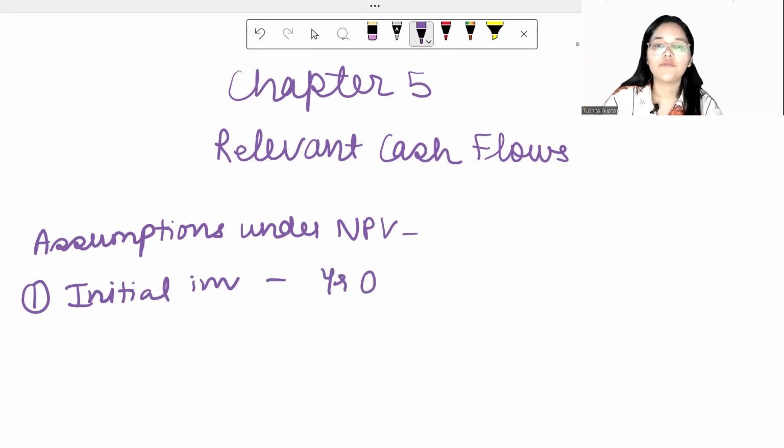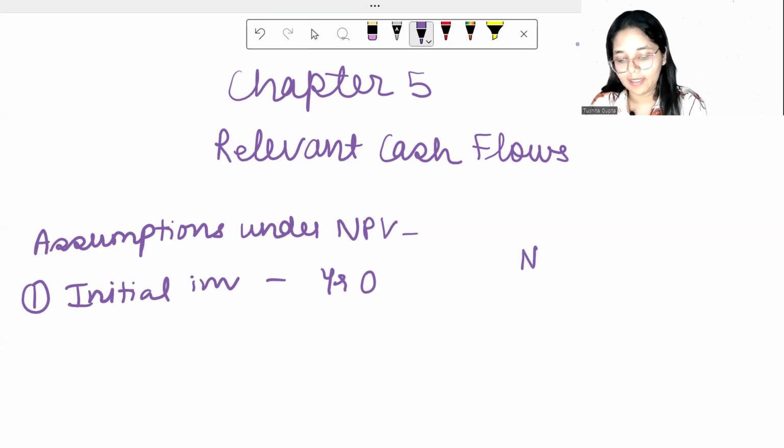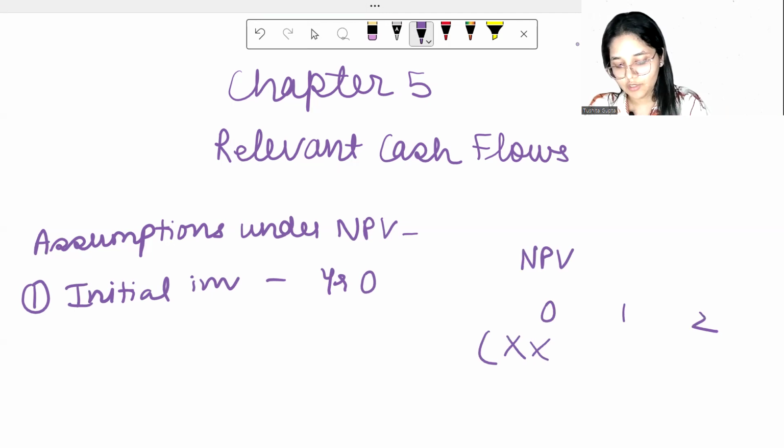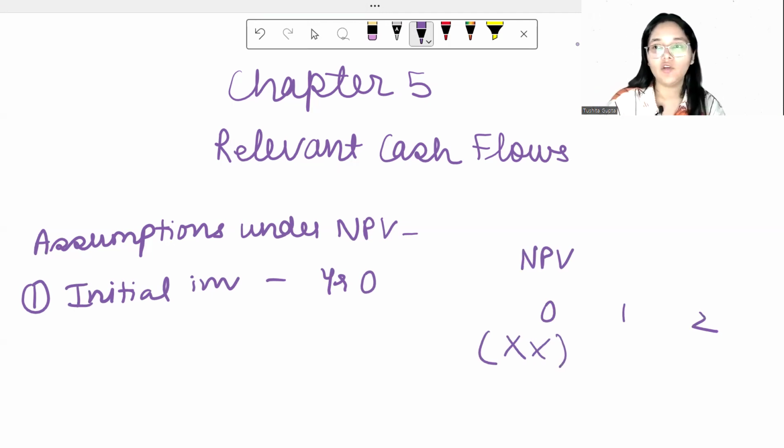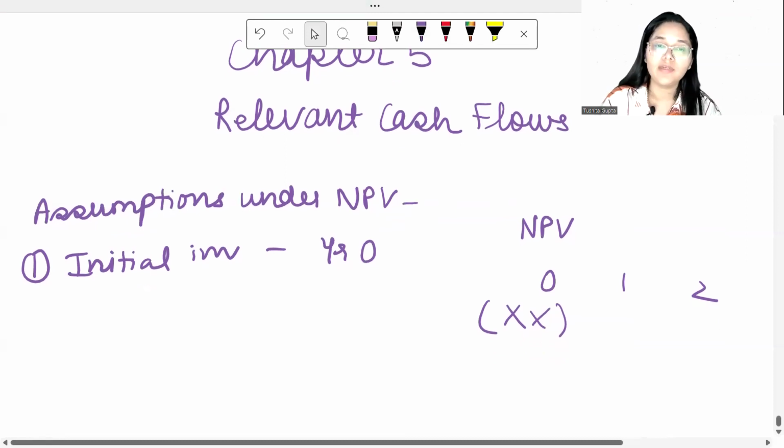This is the number one assumption. This means that whenever you're calculating your NPV, when you have the years written down, you're going to show the initial investment as a negative figure in your year 0. It's going to be subtracted, considering that your initial investment goes out in the very first year itself, which means right now, which means year 0.